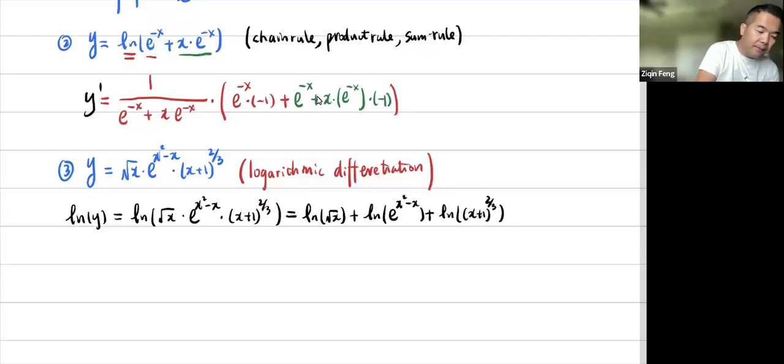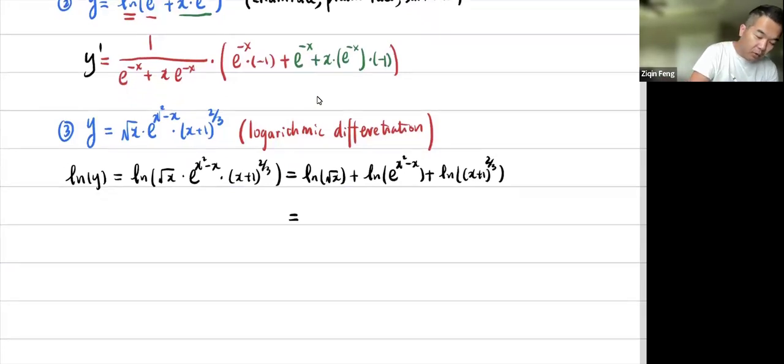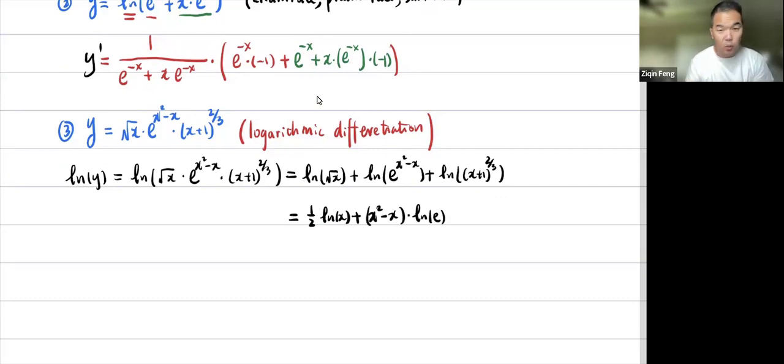Then you can bring down the exponent. So the first term is 1 over 2 natural log of x. That's much easier to differentiate. Plus x squared minus x times natural log of e, which is 1.